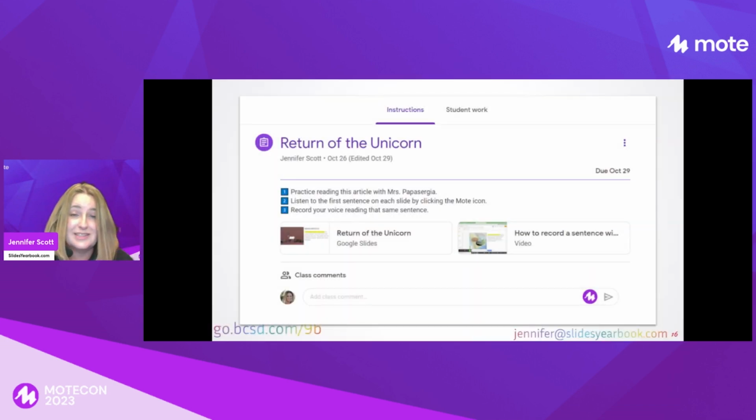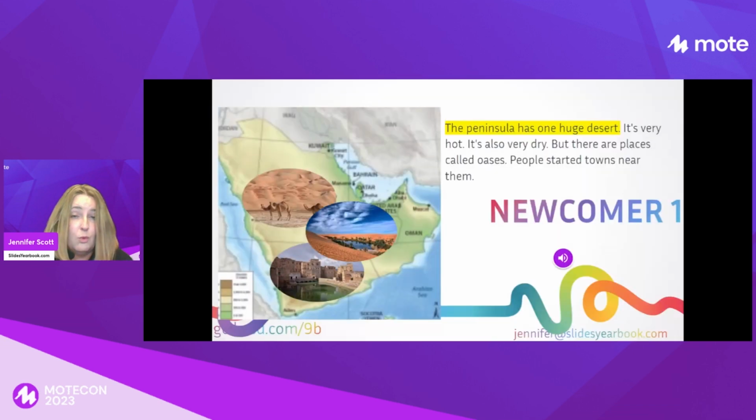In this example, which was actually 2 years ago, my students were learning history, and we were focusing on the unicorn of the Arabian Peninsula. I wanted them to listen to me read this passage. And then when they are done, they have to read it back to me.